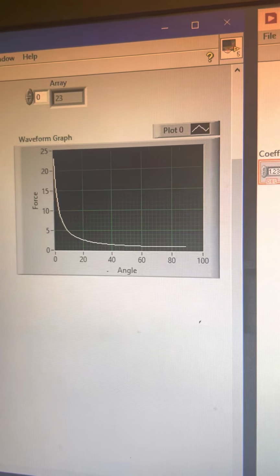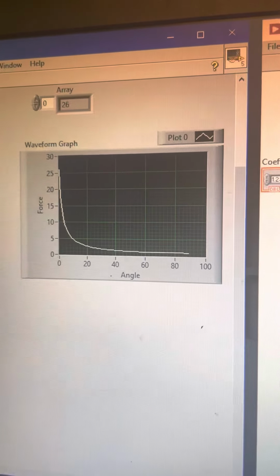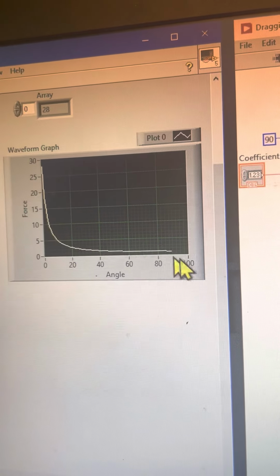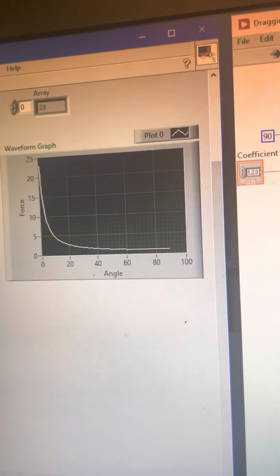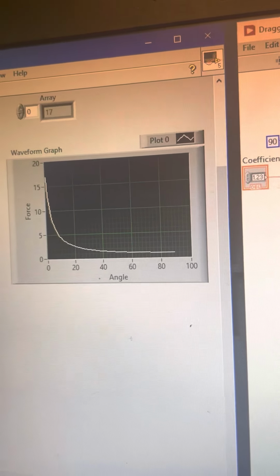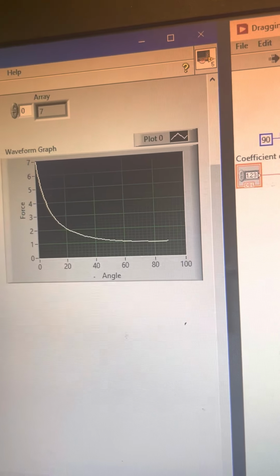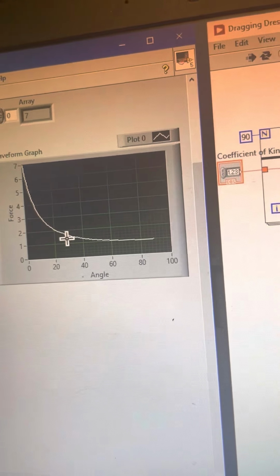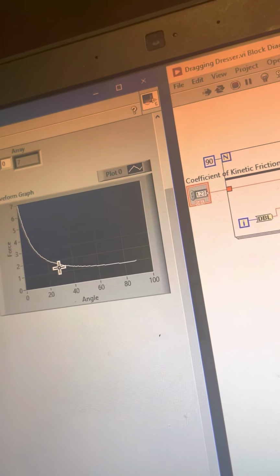The more the coefficient of kinetic friction is at 0 degrees, but as the angle approaches 90, it takes a lesser amount of force to push it. So you would have to push it at around, it takes the minimum constant velocity.